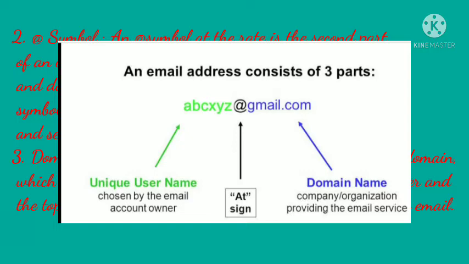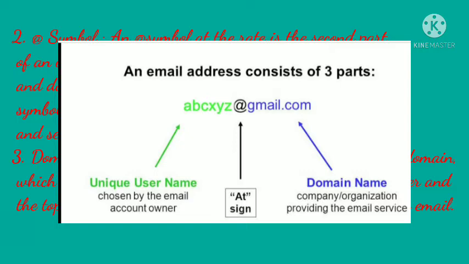When we insert it in our email address, our email program recognizes the character and sends the email to the domain name that follows it. Ray Tomlinson initiated the use of the at the rate sign to separate the username in 1971.